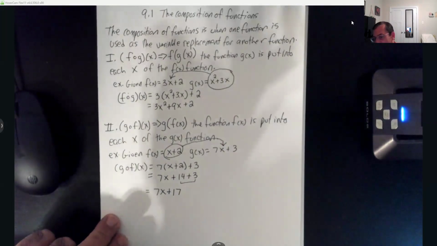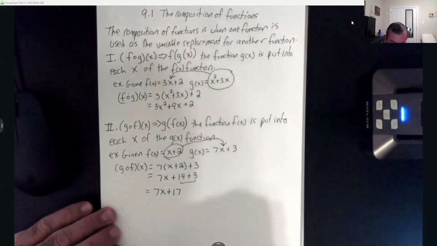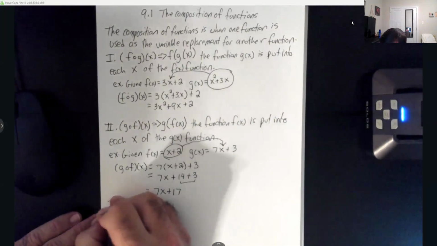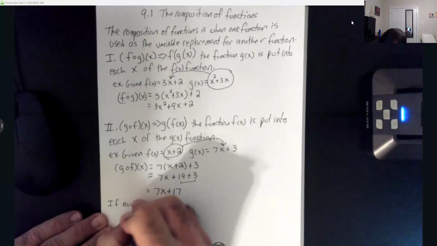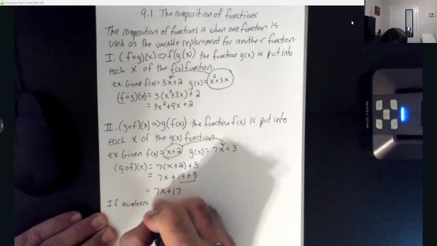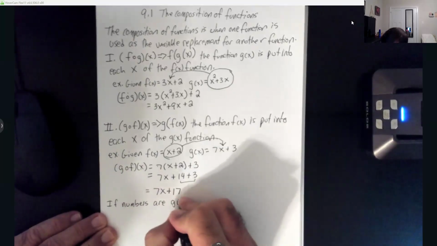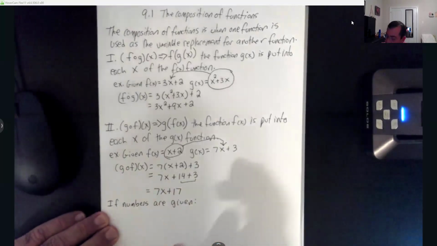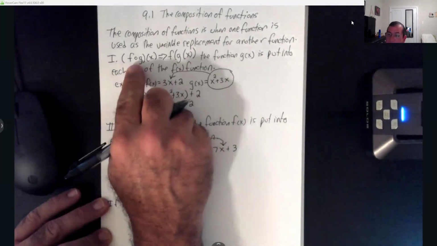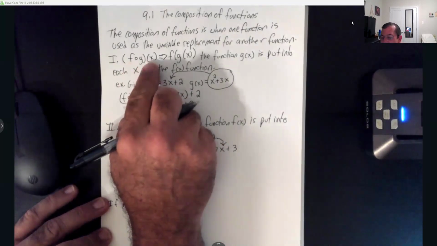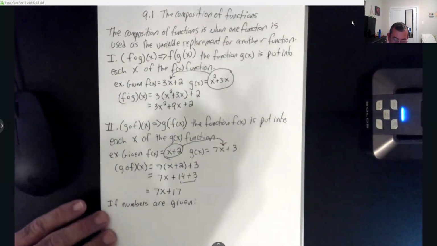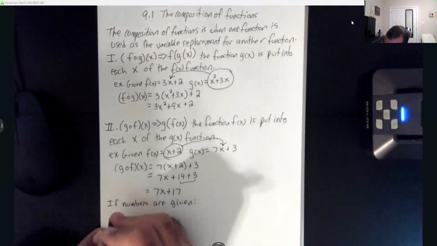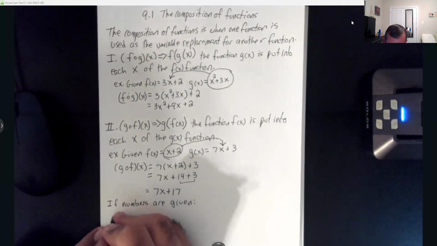Now, I will say this. If numbers are given, so say they're wanting me to find, say, F composed G of 5 or something like that. So if numbers are given, we'll look at the two cases.